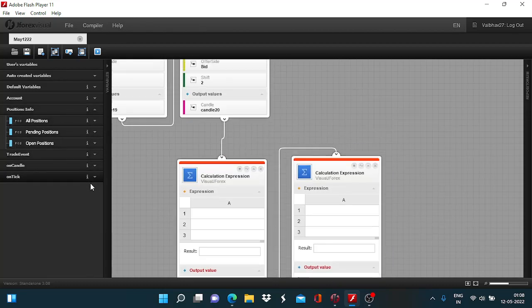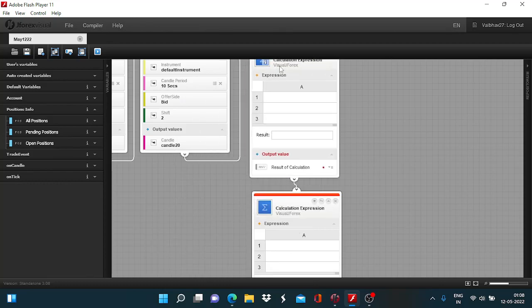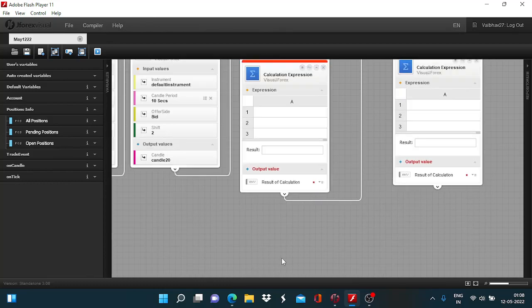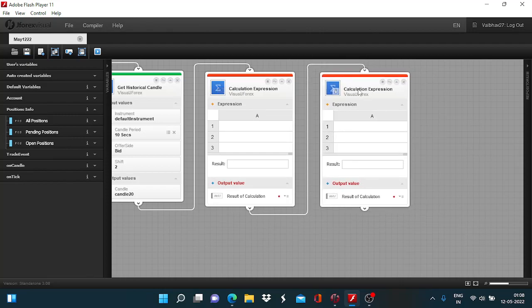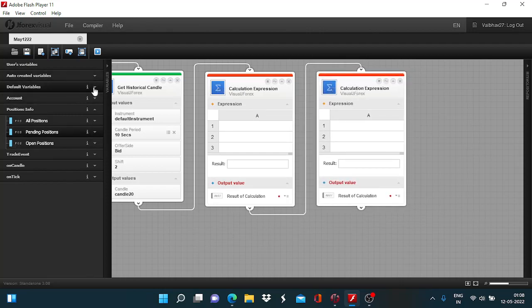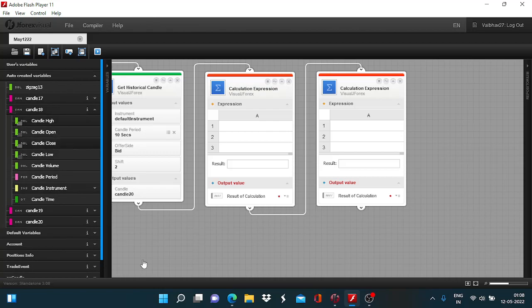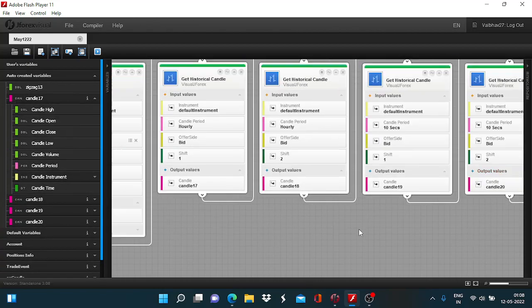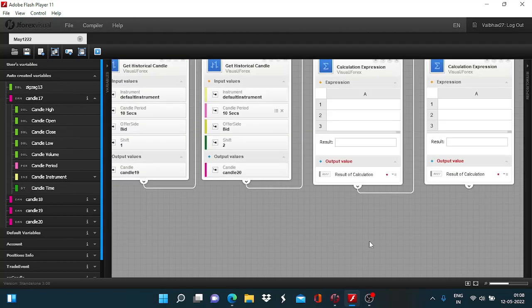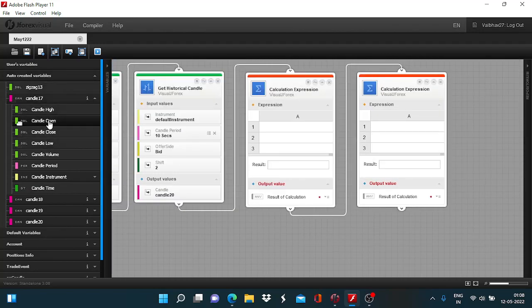So here we get this calculation done. Last hour's open price and close price difference.